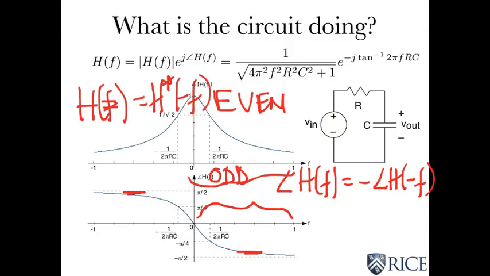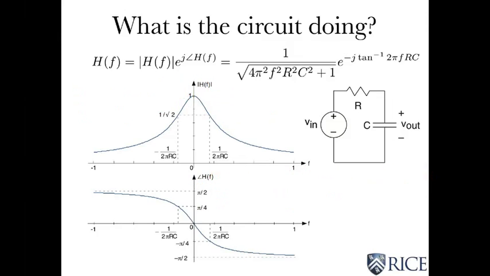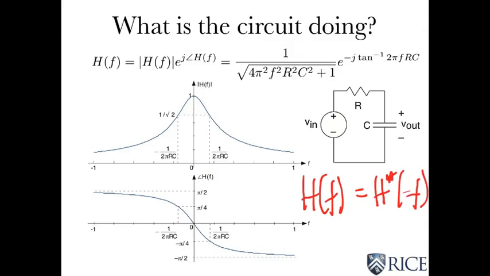Turns out another way of thinking about even symmetry for the magnitude, odd symmetry for the phase, is that H of f equals H conjugate of minus f. When I write that again to make it very clear, conjugate symmetry means that H of f is equal to the conjugate of what is happening at negative frequency. So all transfer functions have this property, so it makes it very easy to do your plotting and everything else.